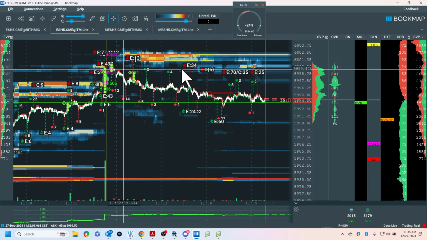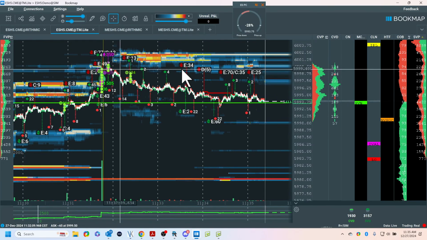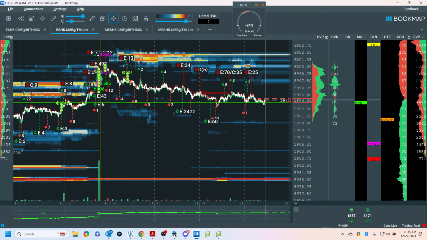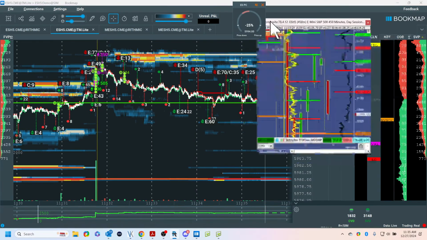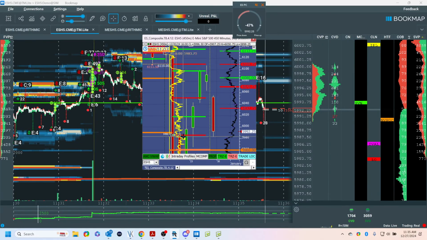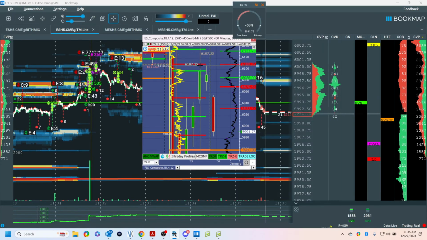Why does the market go up? Why are we going down today? If you're in Trader Lab, you understand that. If you're in Trader Lab, you also understand the structure and the targeting. Why is this a target in Trader Lab? Why was this a target yesterday?